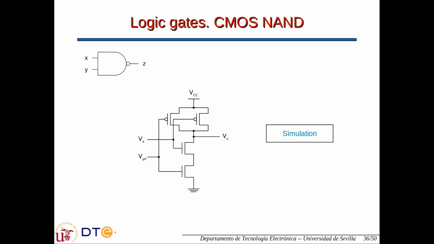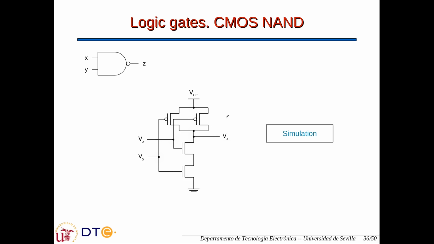Only when both inputs are high will I connect both transistors, and the output then will be connected to ground. Two high levels will give a 0, which is what the NAND operator tells. The high part here will do the opposite. If any of the inputs is at a low voltage, some of these transistors will be cut off, but one or the other of these transistors will connect the output to the high voltage.